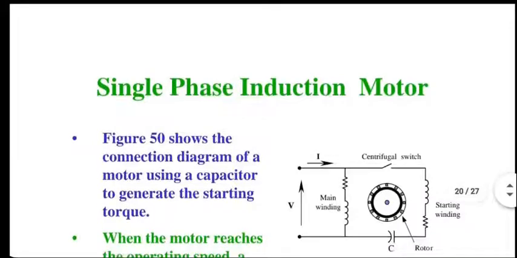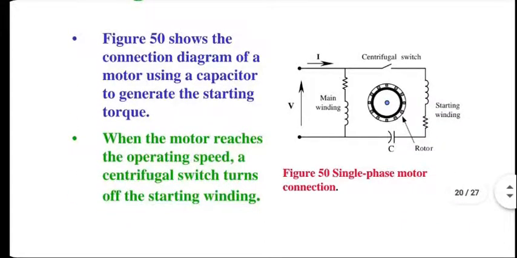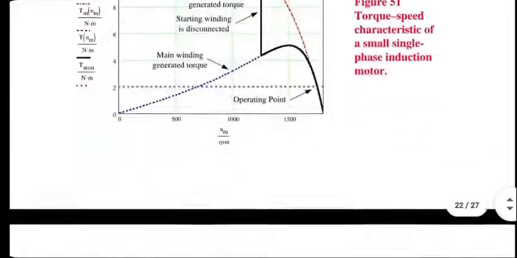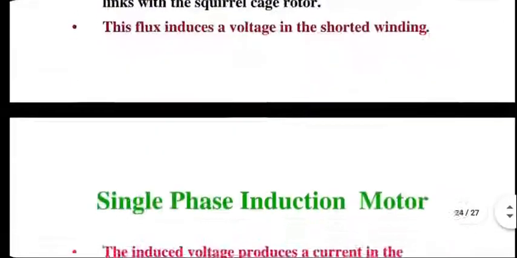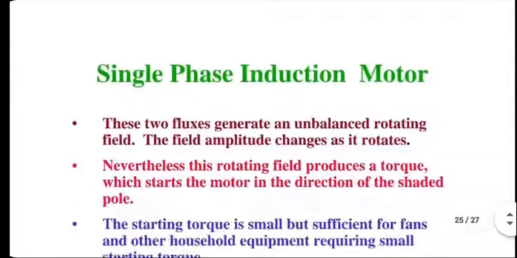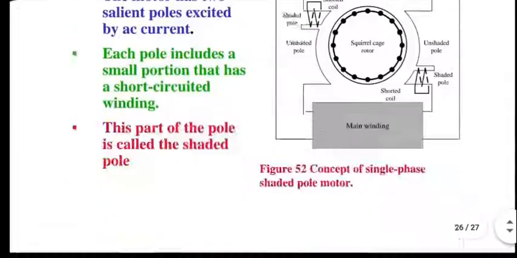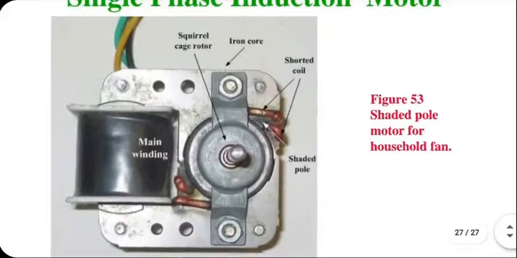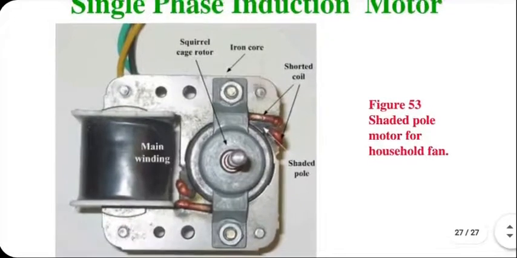Okay, let's move forward. What I really wanted to show you was the pictorial diagram. This is how the fan looks like. If you open the fan in your home, this is what you'll see.